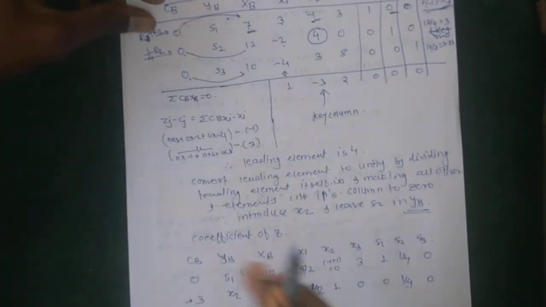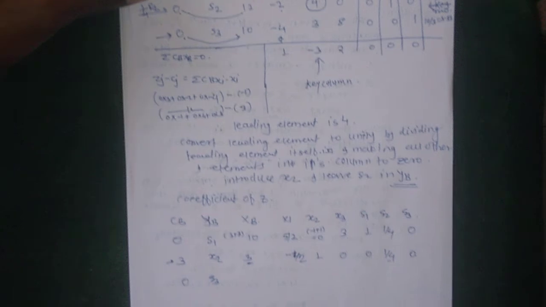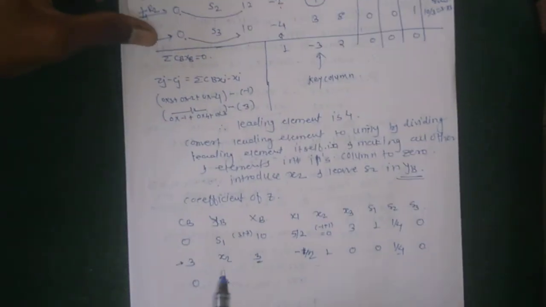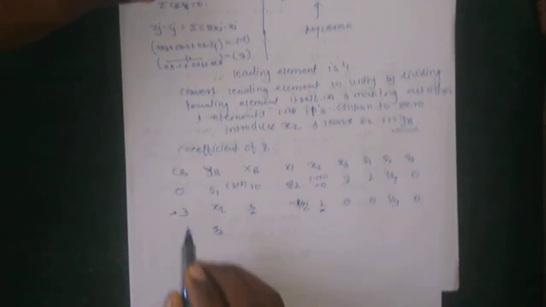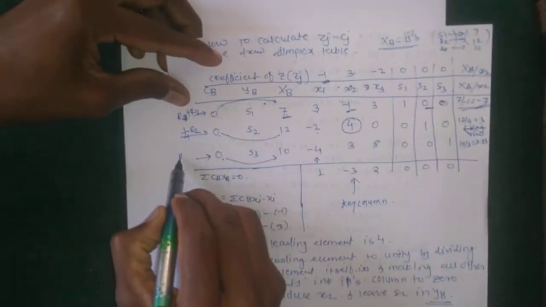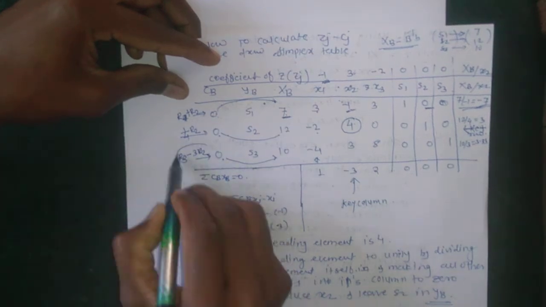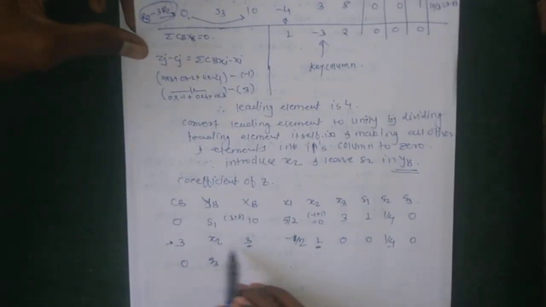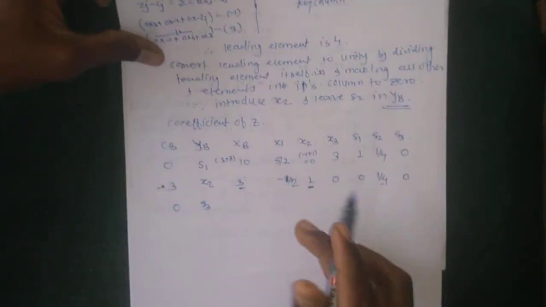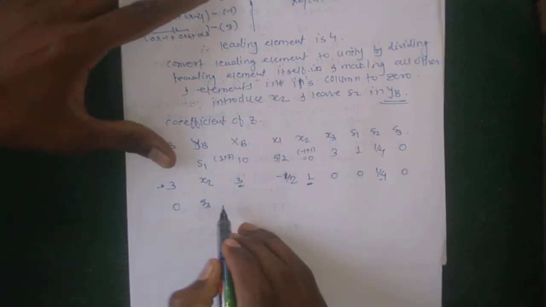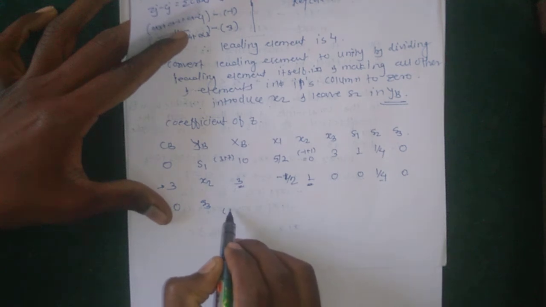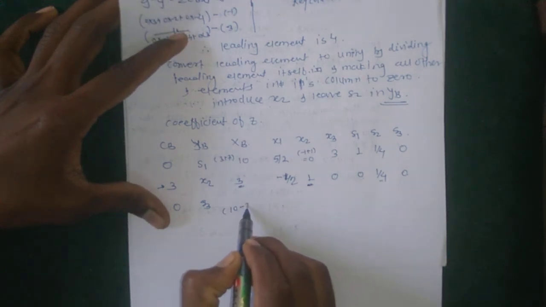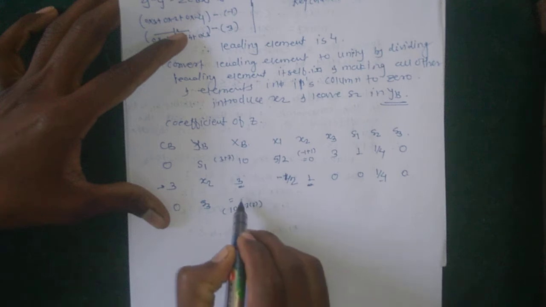Okay, and for the third row the operation is R3 minus 3R2, where R2 is this row. So here R3 is 10 minus 3 into 3, 10 minus 9, their value is 1.